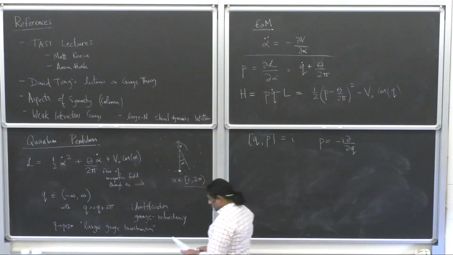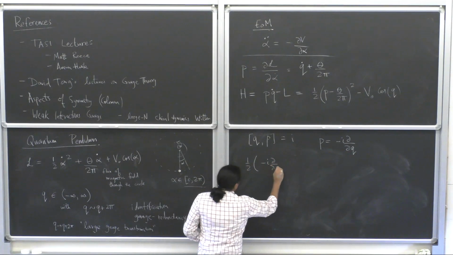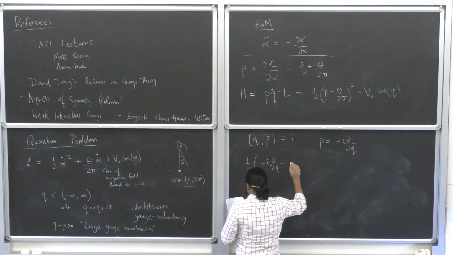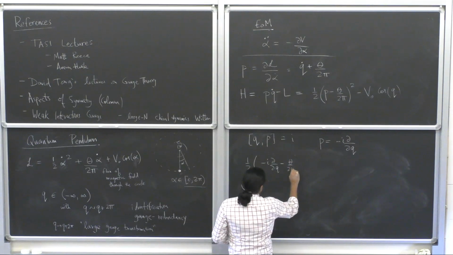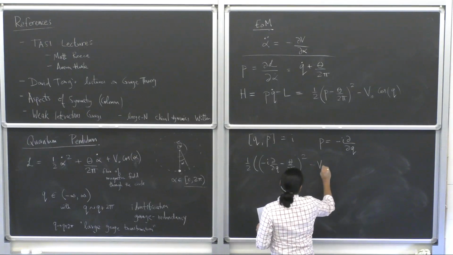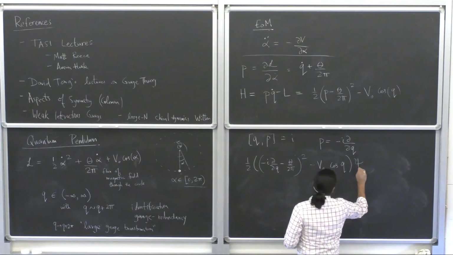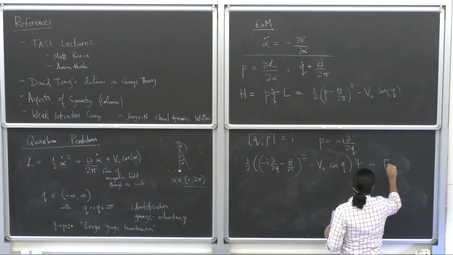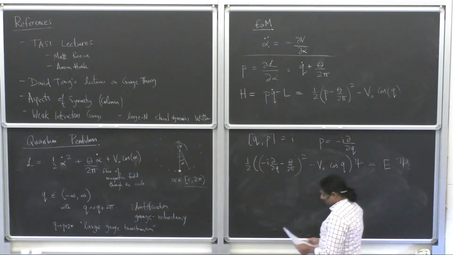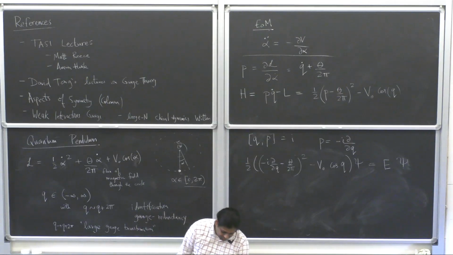And so we can write down the Schrodinger equation, and then figure out what energy eigenvalues we get.